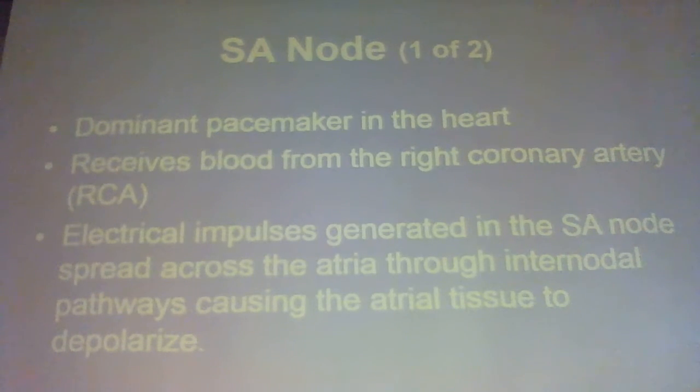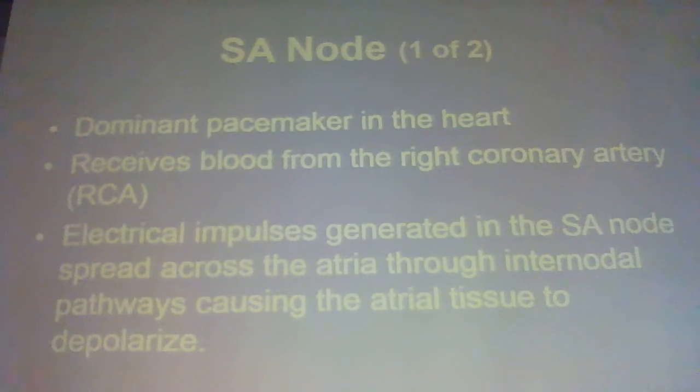There's some other things that can cause it. So over-vagal stimulation increases the release of acetylcholine, specifically on the AV cells, and that can cause a block. What else could cause it?